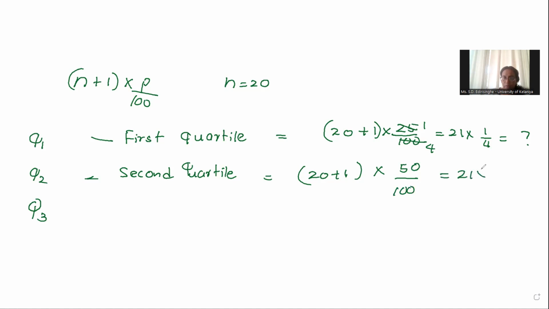Then 21 multiplied by 1 divided by 2. You can find the answer there. Clear? The third one is our third quartile.